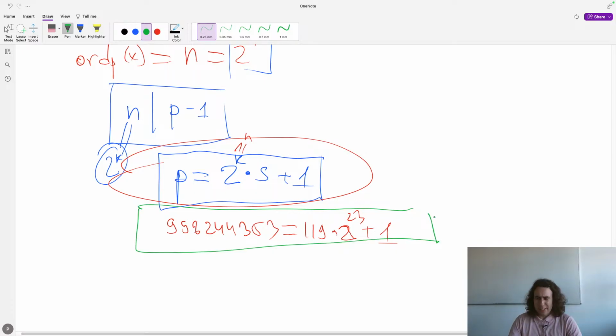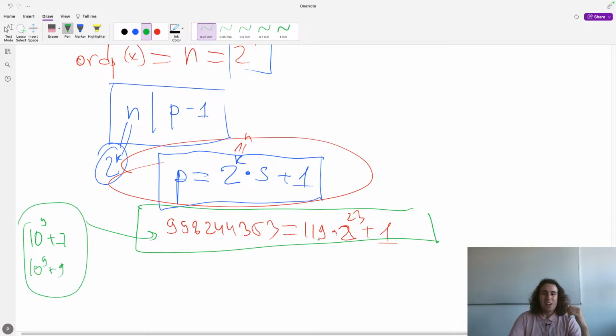And back in the day, like 8 or 10 years ago, it was kind of annoying that when you see this prime number in a problem, you know that it's probably a problem on FFT. And normally people used 10 to the 9 plus 7 or 10 to the 9 plus 9. And these numbers are not of this form, so you can't use them for FFT, for NTT.